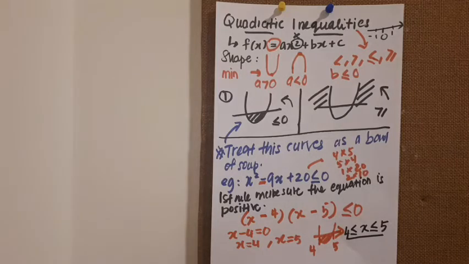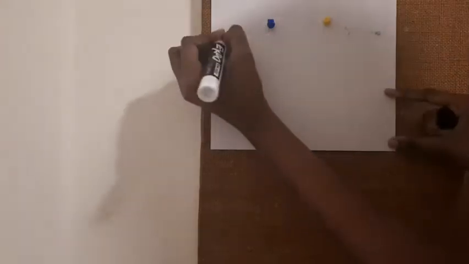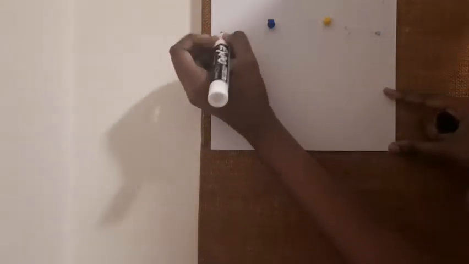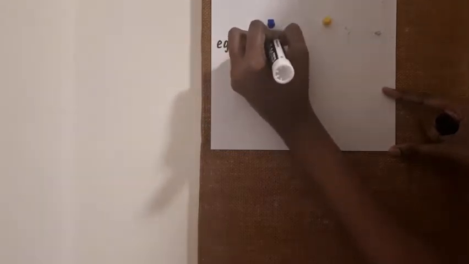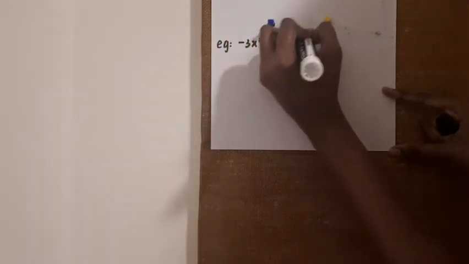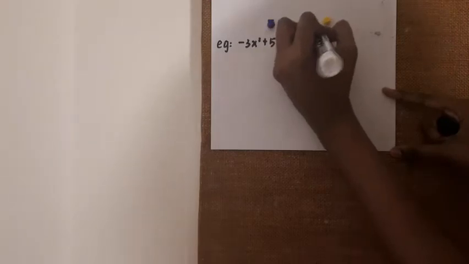Okay, so that is one example. Now we will have a look at another example where the soup is not contained inside the bowl. So the second example is negative 3x squared plus 5x minus 2 less than or equal to 0.